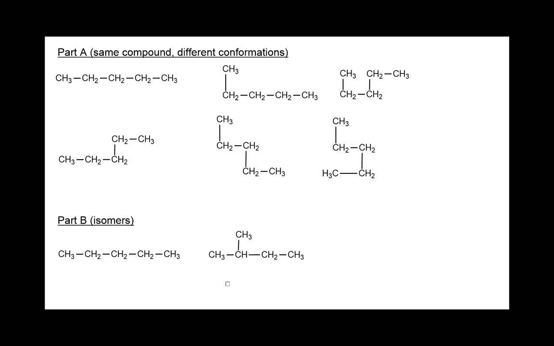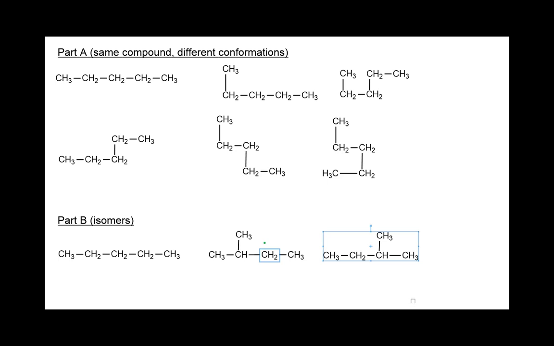Now, this is where a lot of people will start coming up with new ways of doing it that are actually the same molecule. So, for example, let's say we're going for the next one. You might say, well, let's just continue what I just did a second ago. Let's break that bond. Move this carbon to the 3rd carbon in the chain. And say, aha, I have a new one. But no, you don't.